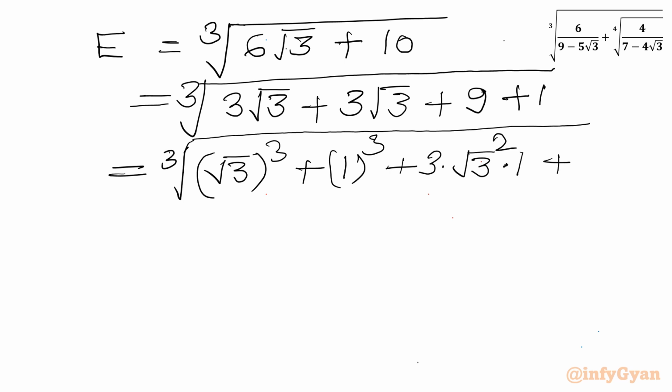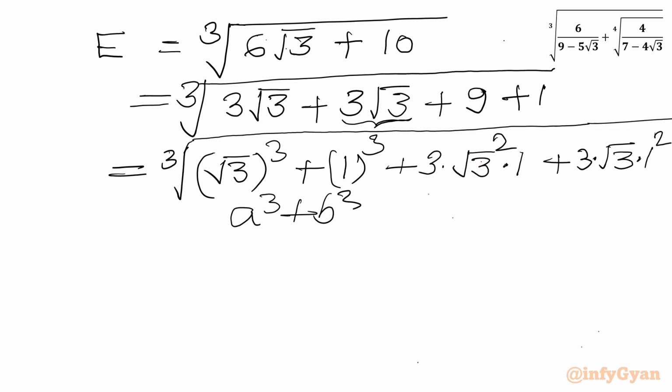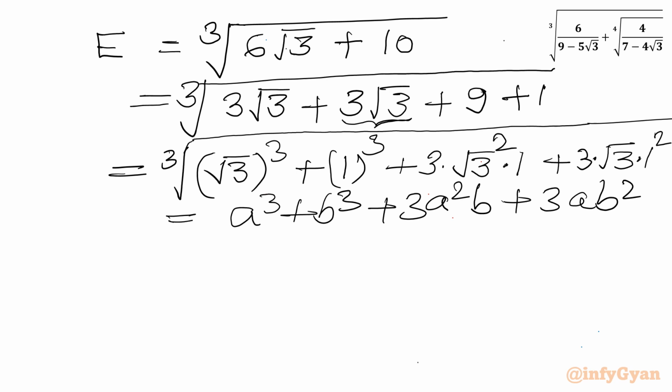And then we have last term 3 root 3, which we will write as 3 times root 3 times 1 square. So it is replicating the identity a cube plus b cube plus 3a square b plus 3ab square, which we can write as a plus b whole cube.